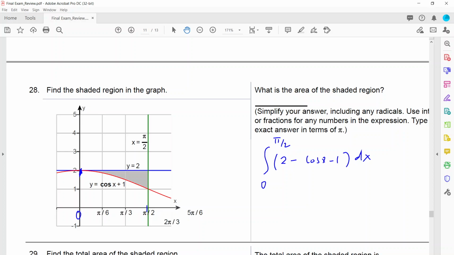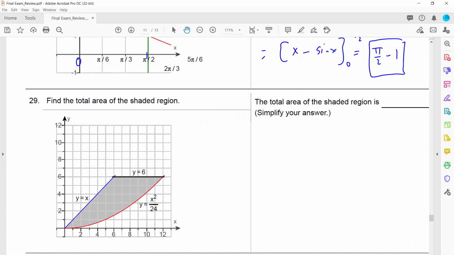Eventually the integration would be, because 2 minus 1 is 1, the integration of 1 is x, and the integration of cosine x is sine x, and you just have to put pi/2. If you put pi/2, that will be pi/2 minus 1, and if you put 0, both of them will be 0, so eventually the answer is pi/2 minus 1. So that's the area of this part, pi/2 minus 1.